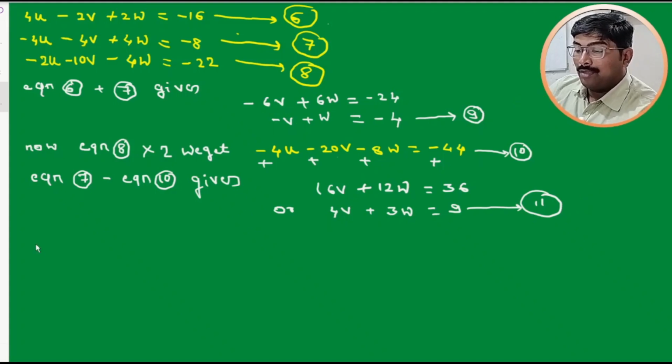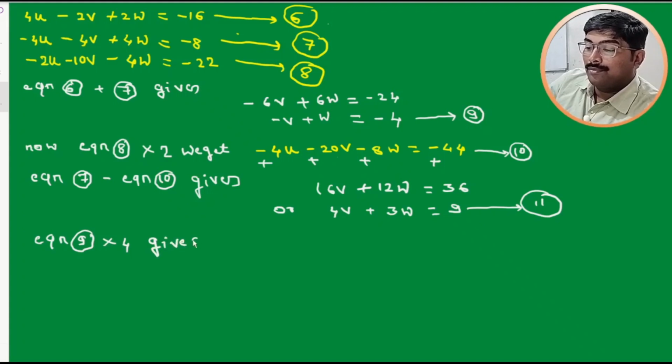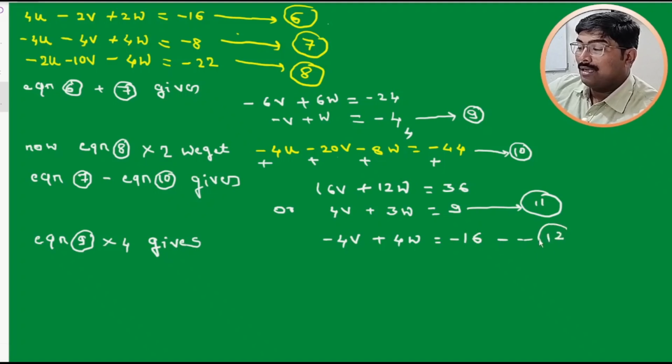So I will write here equation 9 multiplied by 4 gives: 4 into minus v is minus 4v, 4 into w is plus 4w, and on the right hand side, 4 into minus 4 is minus 16, and say this is equation number 12.